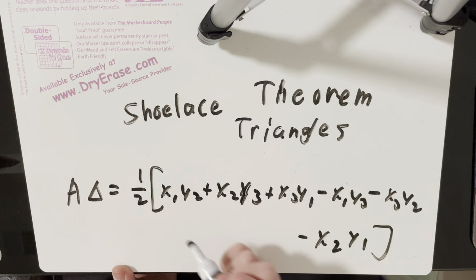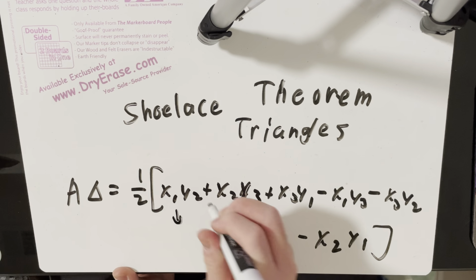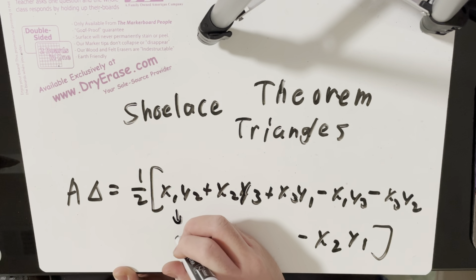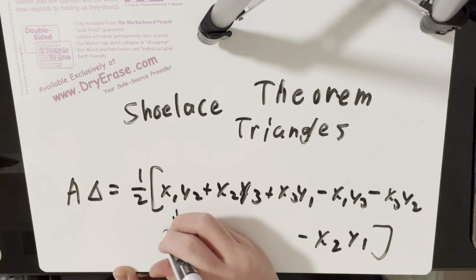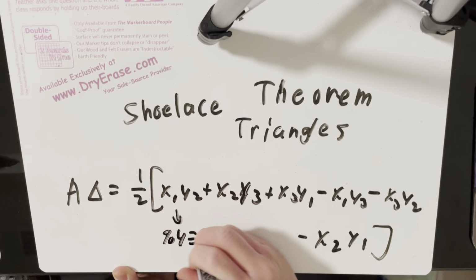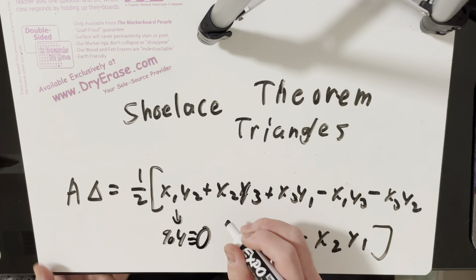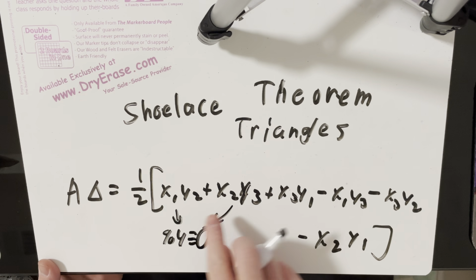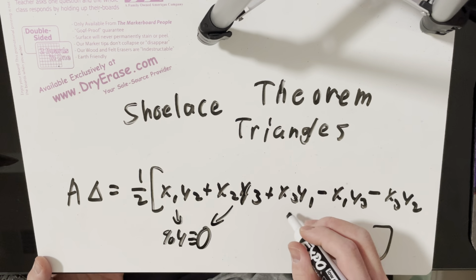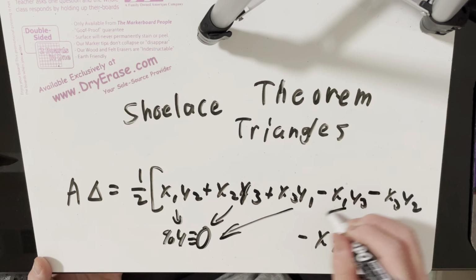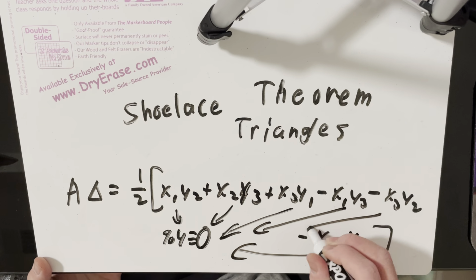So if all these numbers are divisible by 2, this number over here has to be divisible by 4. I'm just going to write mod 4 is equal to 0. And then this quantity over here also has to be divisible by 4. So does this one, so does this one, and this one.